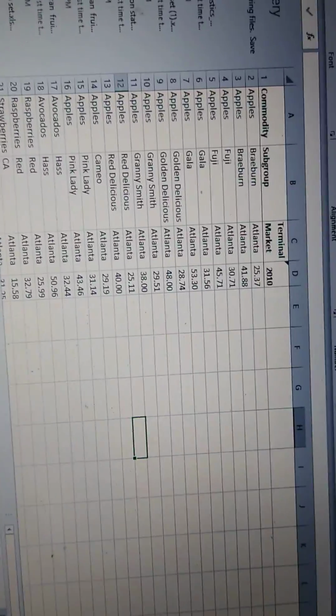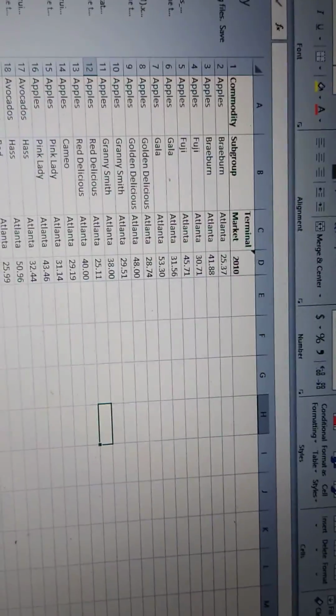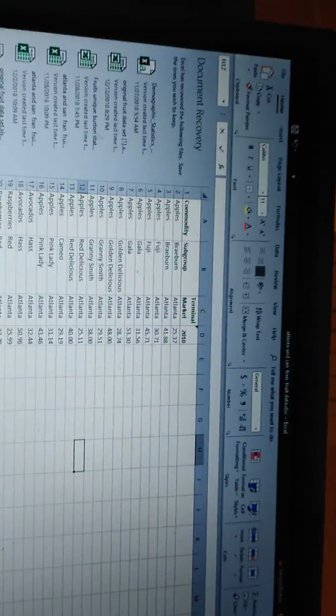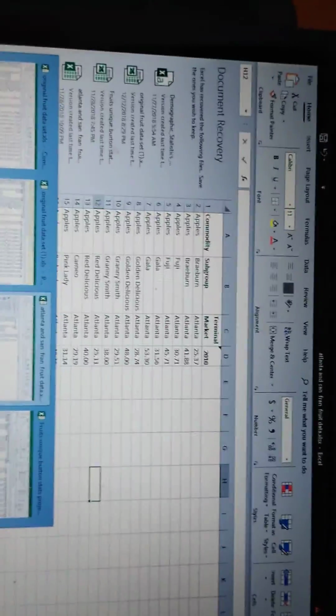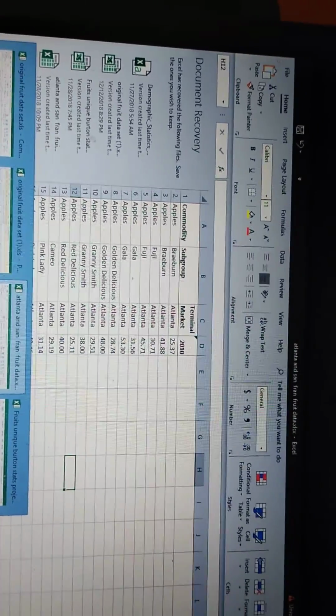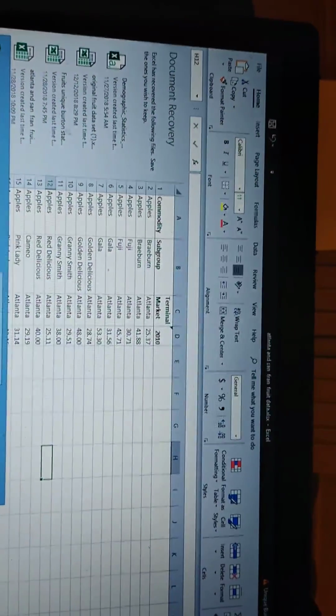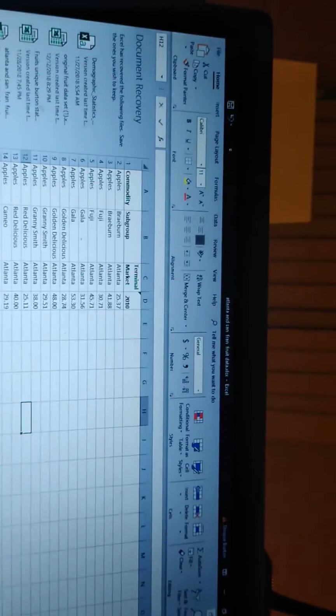In my calculator, I put San Francisco values at L1, and I put Atlanta's at L2 because my hypotheses were that my H sub O was the mu of Atlanta is equal to the mu of San Francisco.